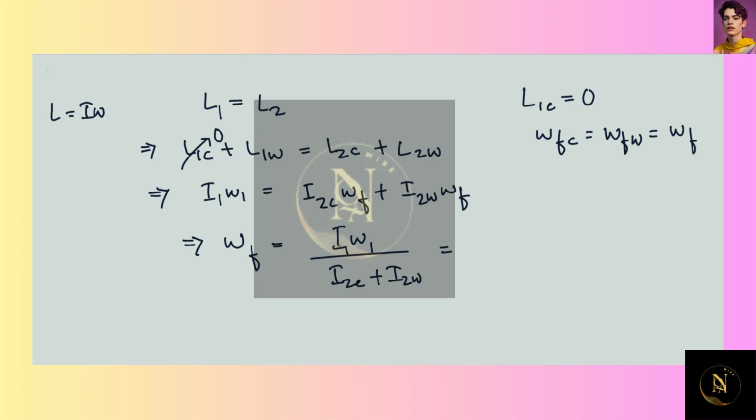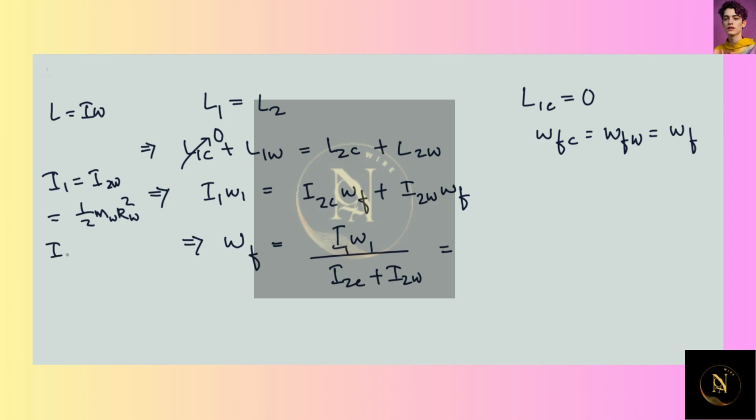And as you can see, I1 is equal to I2W, which stands for the wheel. And this is equal to half the mass of the wheel times the square of the radius of the wheel.